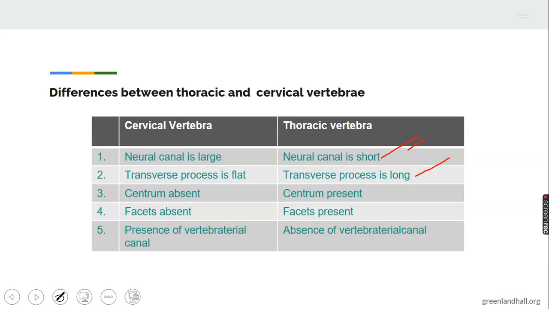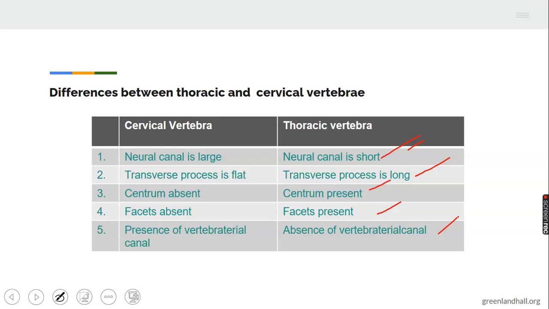Under the thoracic, facets are present. Under the cervical, there is nothing like centrum, or center. The thoracic has centrum. The cervical has what we call vertebrae canal. In the thoracic, vertebrae canal is absent.